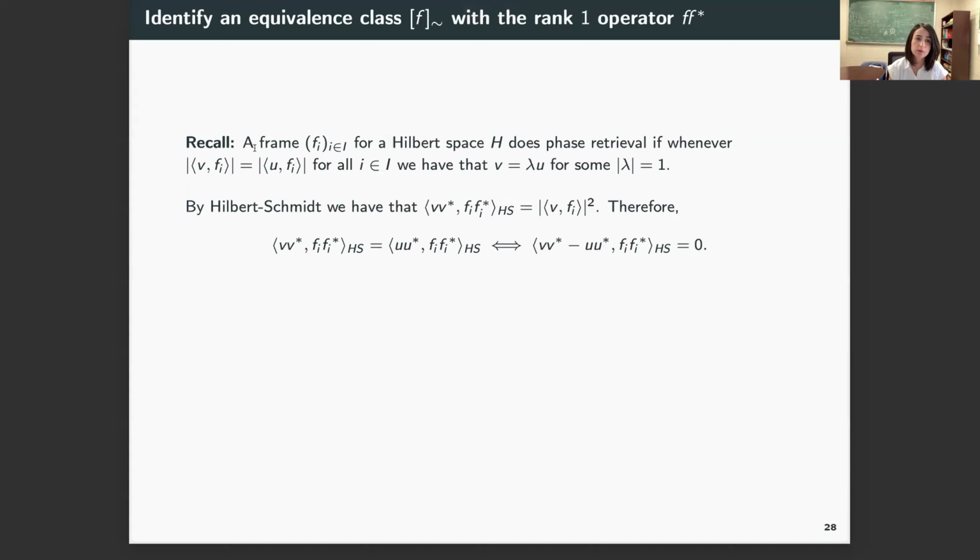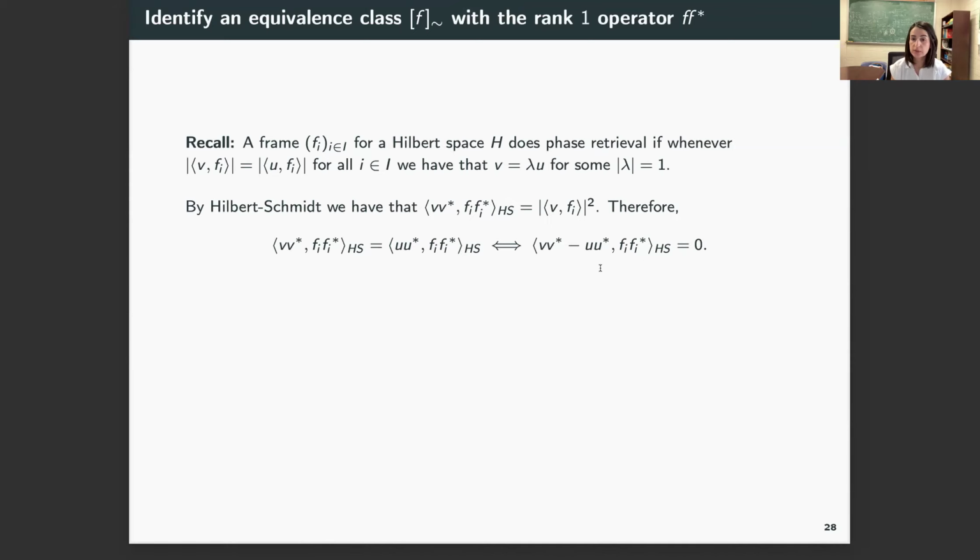So if you think about it, we are talking about phase retrieval. We are looking at the recovering of our vector. When I have this condition, I want to say that v is equal to lambda u for some lambda. By Hilbert-Schmidt, the following equality holds.